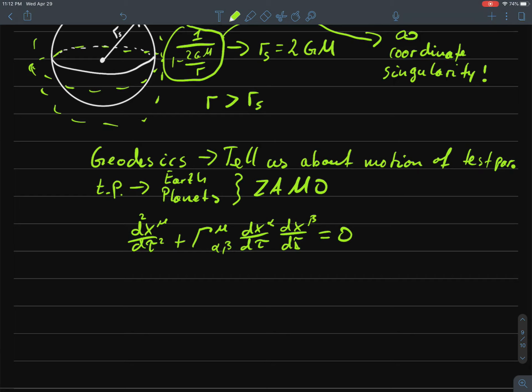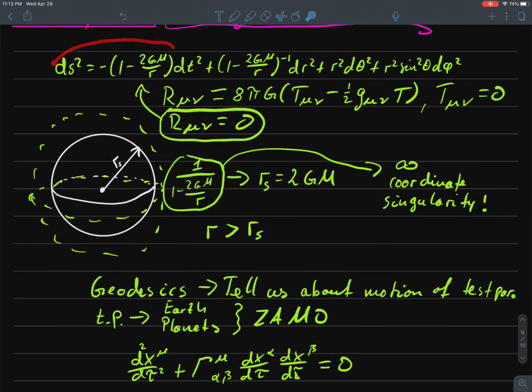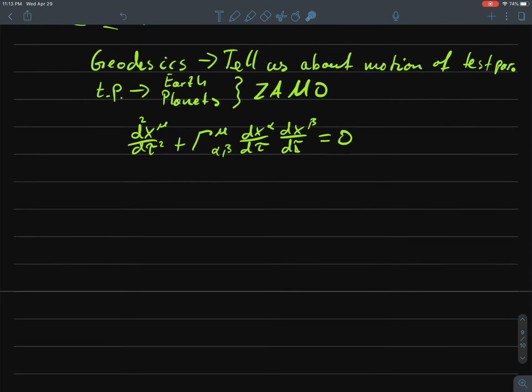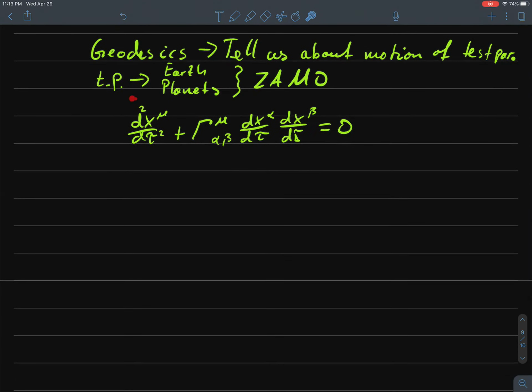So this is the equation that tells us test particle motion around a spherically symmetric static gravitational black hole like this, or any black hole solution or gravitational field solution. I will say though, we could do this, but this is actually really hard. There's a lot of equations here, 4 equations I guess, and it's kind of difficult. You have to compute all the Christoffel symbols and so forth.